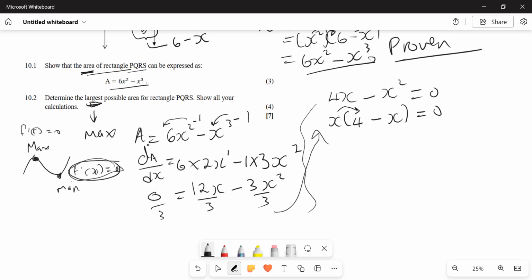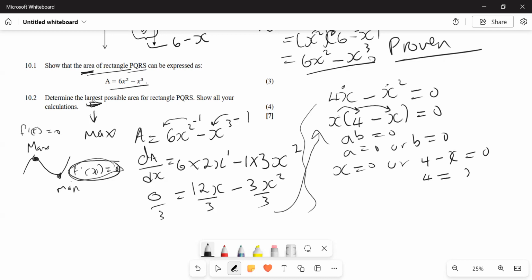When we multiply this back, x times 4 gives 4x and x times negative x gives negative x squared. Then we apply the rule: a times b equals 0, therefore a equals 0 or b equals 0. Therefore x equals 0 or 4 minus x equals 0. Transposing x, x becomes 4.